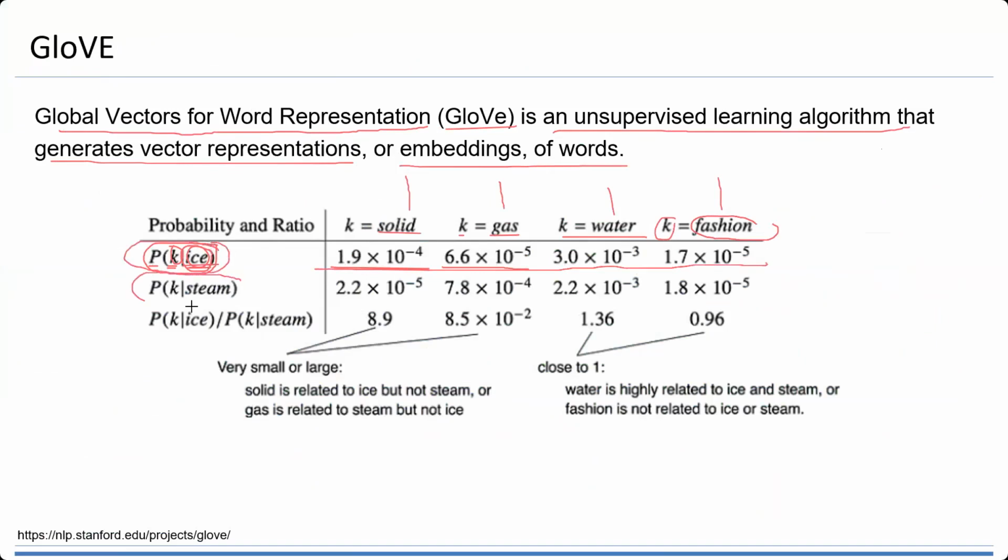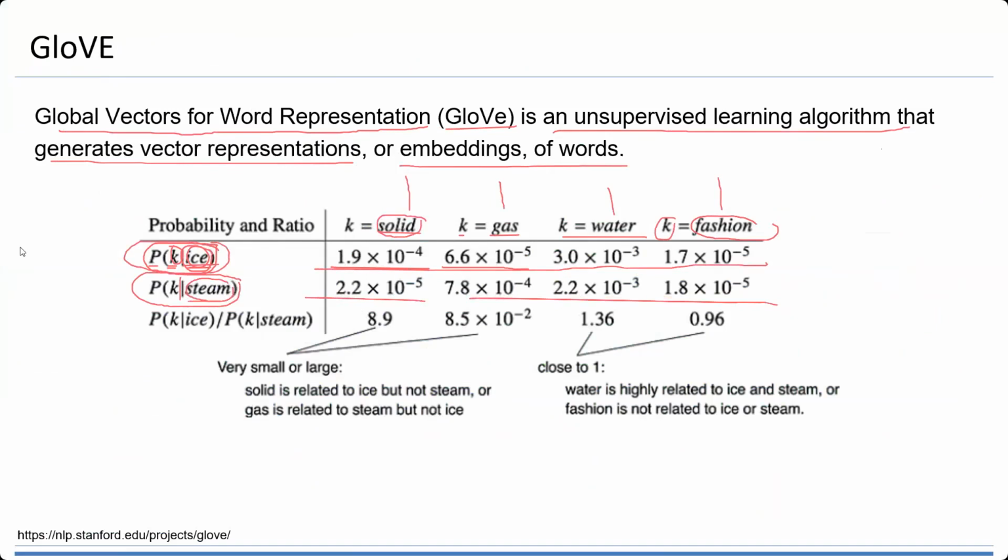And we can also have k given the word steam. So k given the word steam means if the word is solid, so if it is followed with steam, what is the probability? And so on.